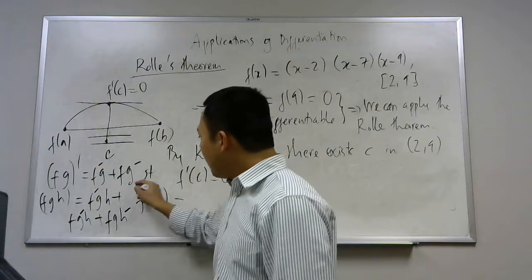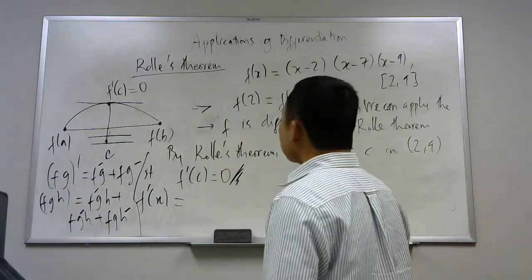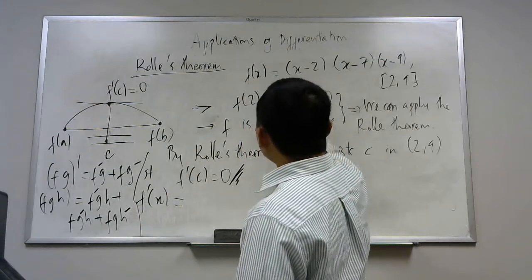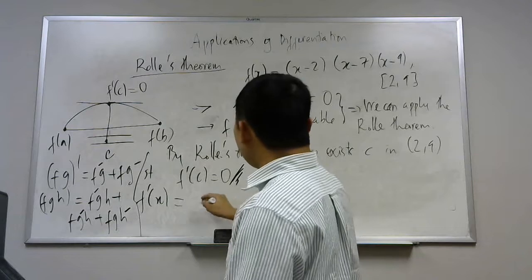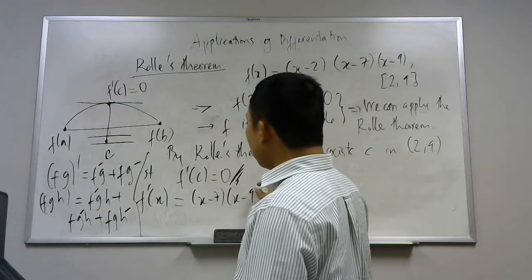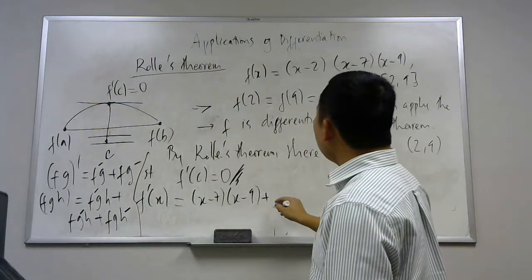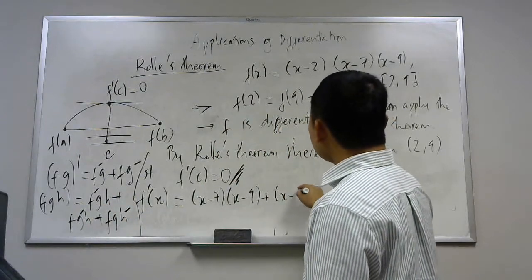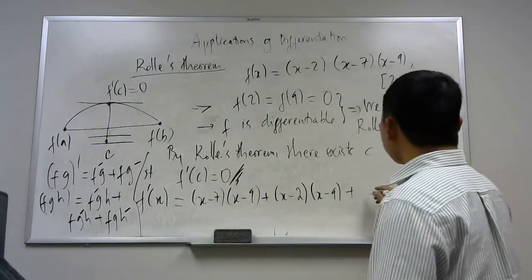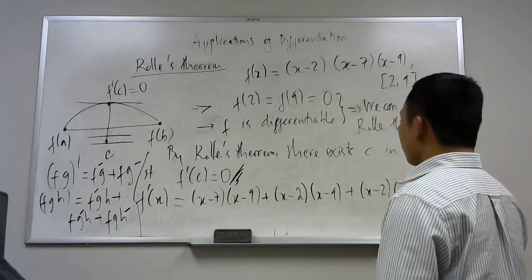So if we apply this, it would be easier and faster, I guess. What's the first derivative of x minus 2? It's just 1, right? So the first term is (x minus 7)(x minus 9). Similarly, I have (x minus 2)(x minus 9) plus the last one, (x minus 2)(x minus 7).